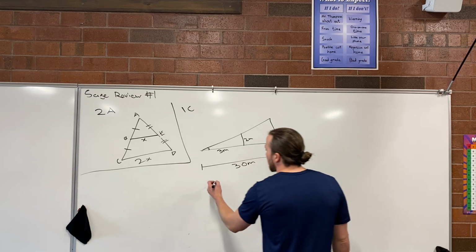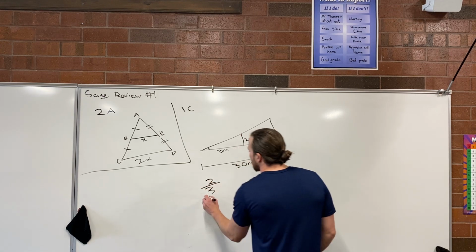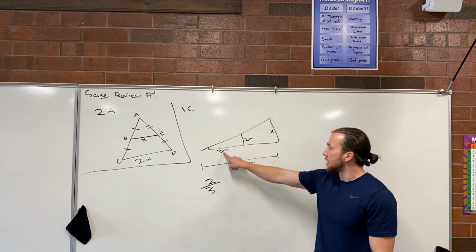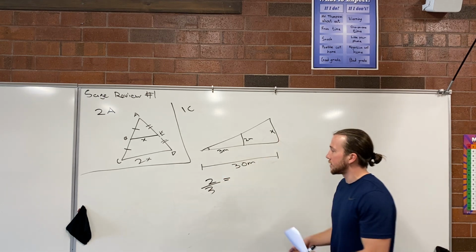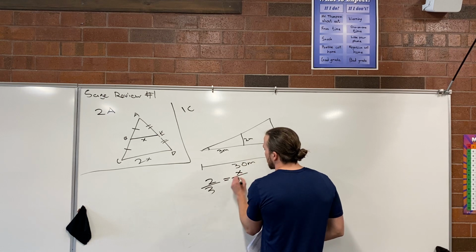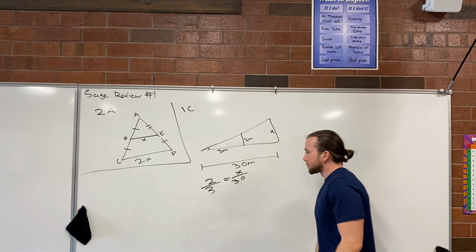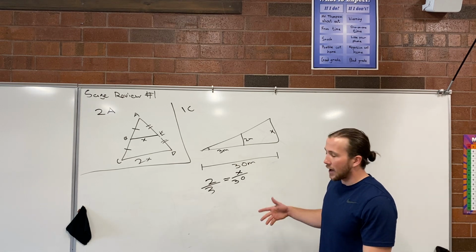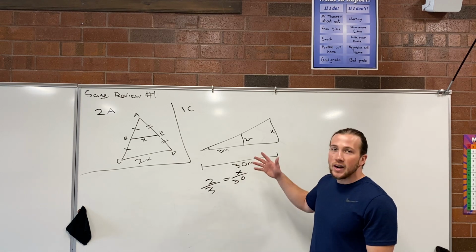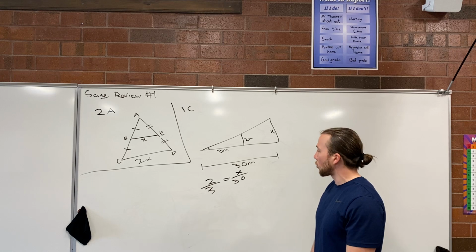So I'm going to go 2 divided by 3. So I take this side divided by this side equals x divided by 30. And you can set this up different ways. Let's do it this way and then we'll set it up a different way just so you can see that it can be done more than one way.